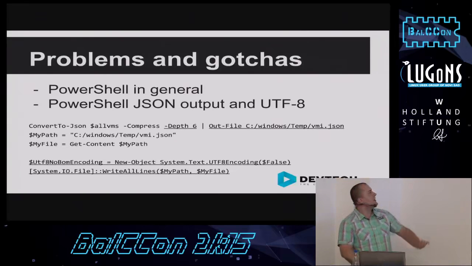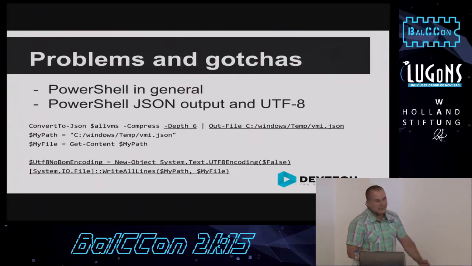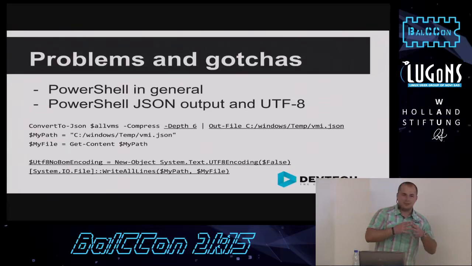So with the help of good people from Stack Overflow, I managed to get over this. And as you may notice, all of these underlined words or sentences, all of that had to be implemented just to create a regular JSON file. I don't know why, don't ask me, I don't want to touch PowerShell anymore.